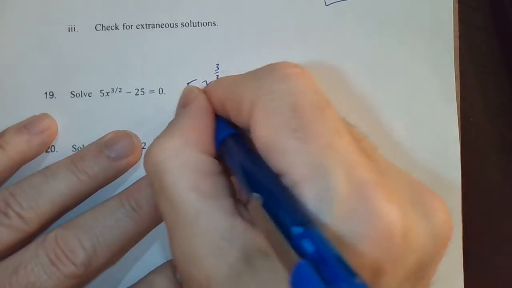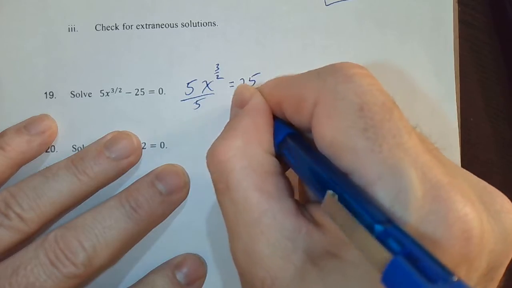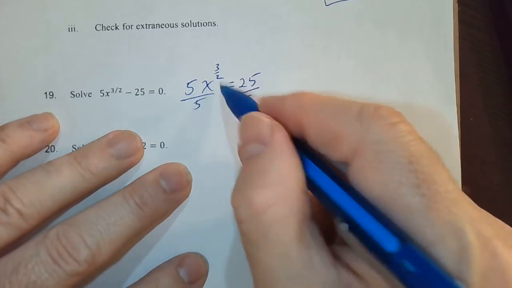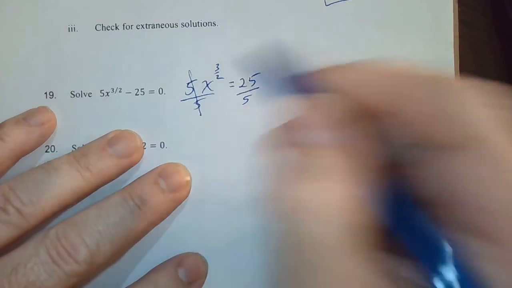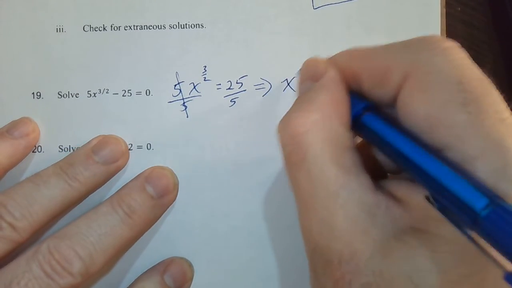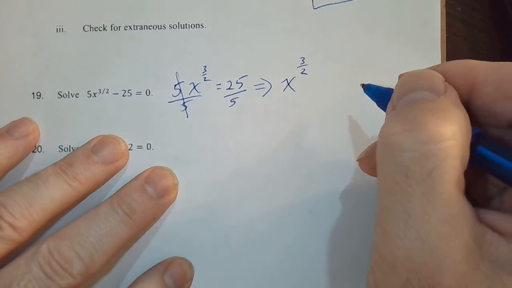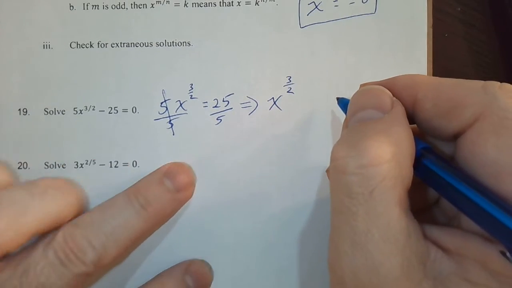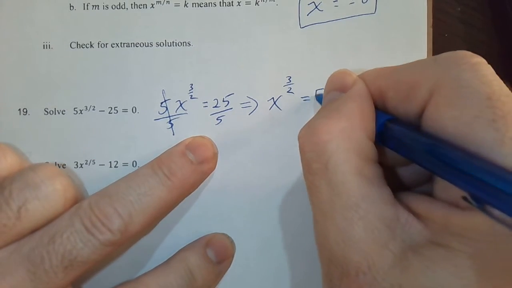Now we're going to divide both sides by 5 to get the term that's being raised to the exponent all by itself. That gives us x to the 3 over 2 equals 5.